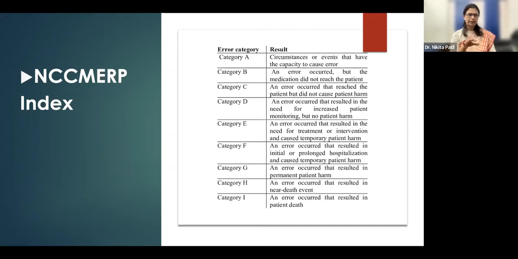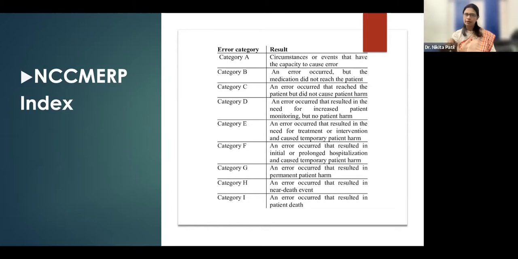So that comes under category A, which says that circumstances or events were there, but the error did not reach the patient. Now category B, an error occurred, but the medication does not reach the patient. I aspirated 2 syringes of 5 ml on the trolley. Like in the second case we saw, instead of giving sedation, midazolam, scoline was injected.